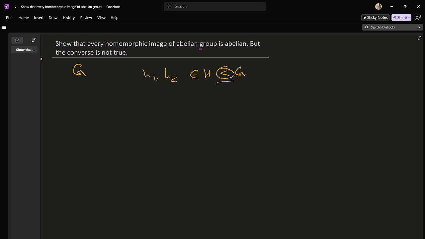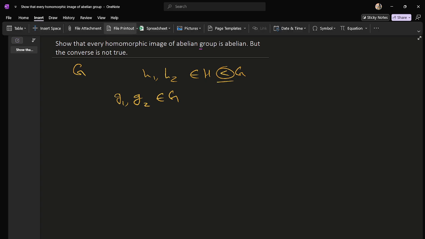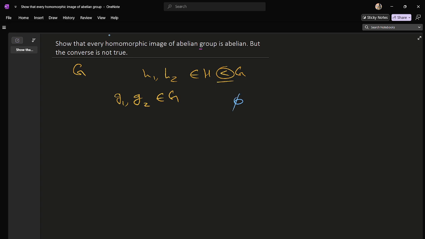Now, which come from the elements g1 and g2, belonging to our G, respectively through our homomorphism, which is phi. Then because G is abelian, we get g1 g2 equals g2 g1.